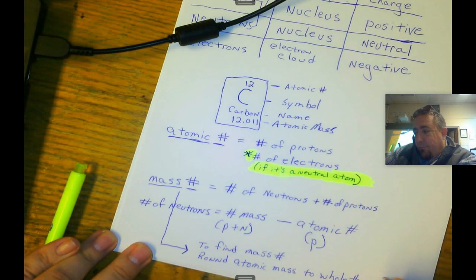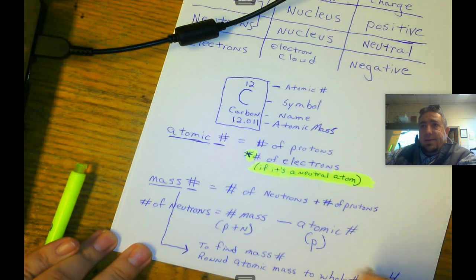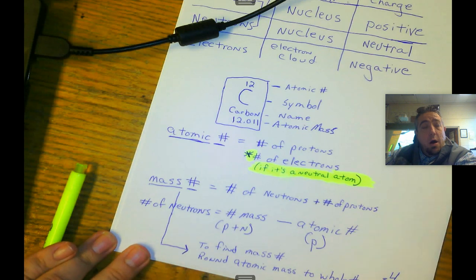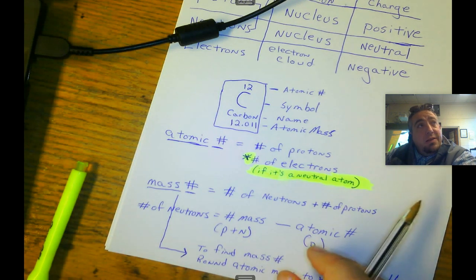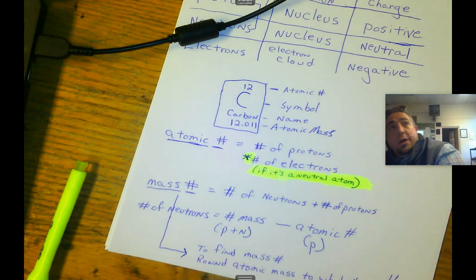So if it's 0.4, it stays as that number, okay? If it's 0.5 and above, then you round it up to the next one. And a quick example, if you look at chlorine right there, y'all see it? What's the atomic mass of chlorine? 35.4527.